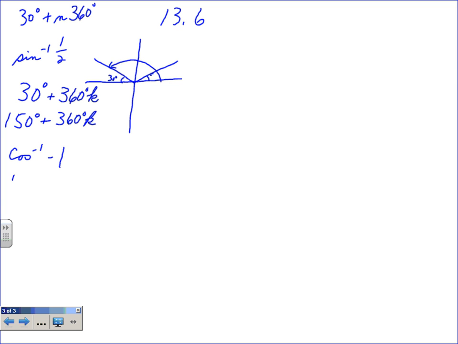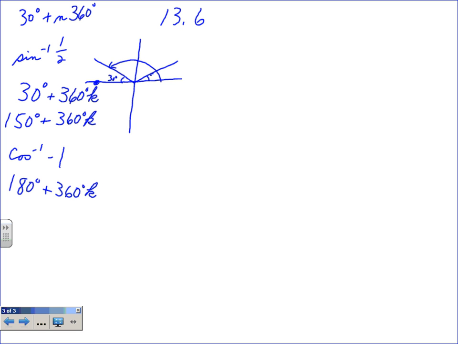It's right on the x-axis. Plus 360k. So if it's on the axis, you're only going to have one rotation. Because nowhere else is cosine of an angle negative 1, only at 180. Okay?